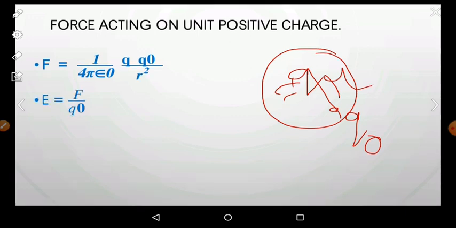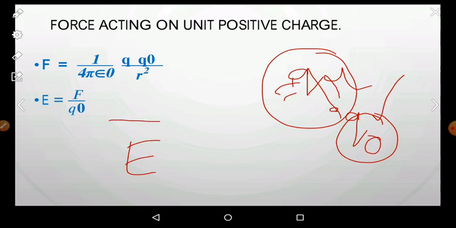And the second one is the intensity of electric field, which is force divided by charge Q naught. We have considered this charge Q naught. So the force between the two charges Q and Q naught divided by Q naught is the intensity of electric field. Intensity of electric field we simply call the electric field, and it is a vector quantity.